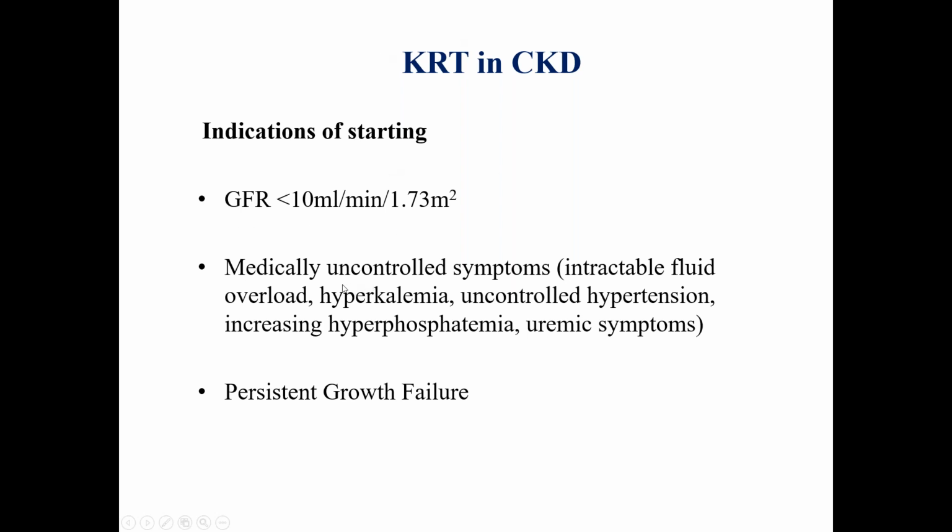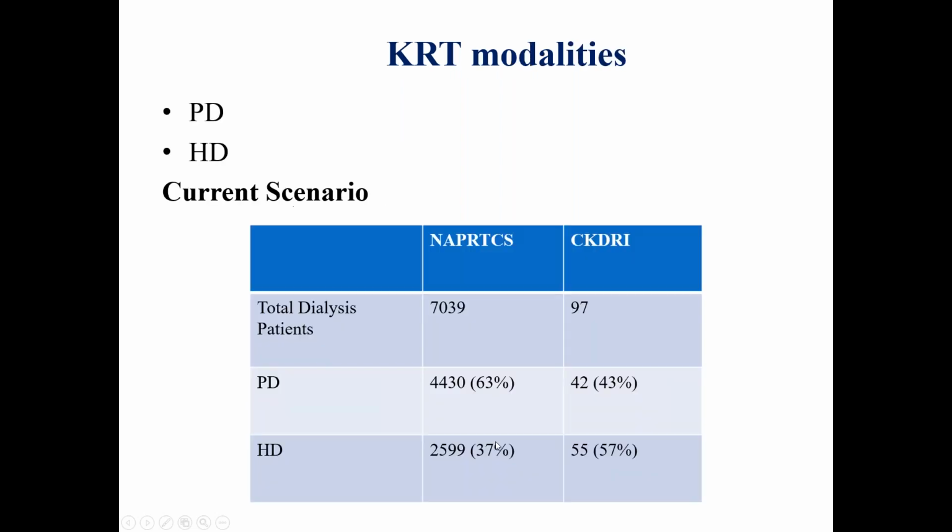But also if the patient is having medically uncontrolled symptoms like intractable fluid overload or hyperkalemia, uncontrolled hypertension, where the child is already on 5 antihypertensives and yet you can't control the hypertension, increasing hyperphosphatemia, which is causing a lot of PTH elevation, uremic symptoms, and if the child is also having persistent growth failure, despite the GFR being higher than 10 ml, even then some form of dialysis or transplant should be started in these patients.